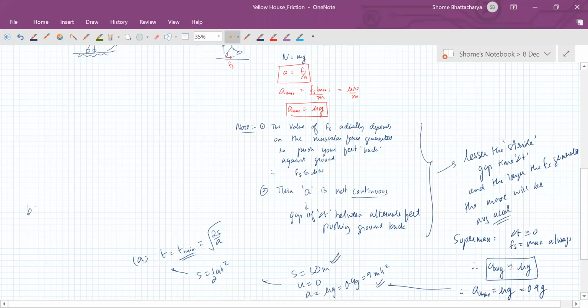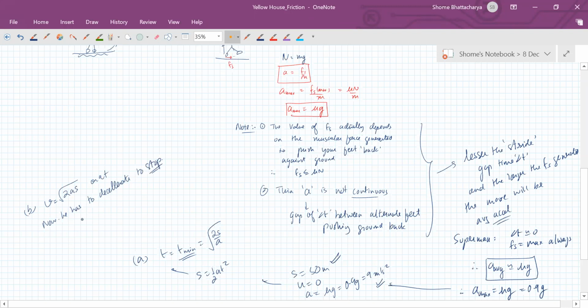And for the B part, what is happening is that his velocity will become square root of 2as or at. So now he has to decelerate to stop.